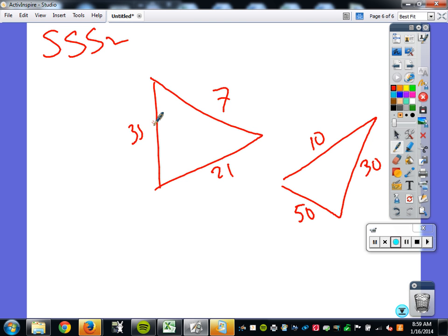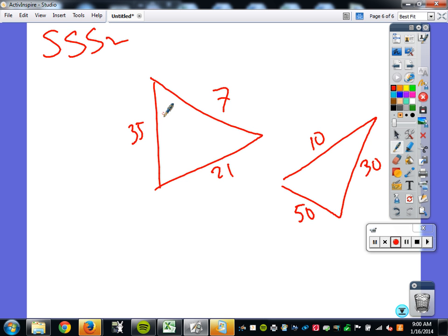Are any of these angles corresponding? Or do I know if they're equal? I don't know if they're equal, do I? But what do I have? I have every side, don't I? So if I can prove that these sides are proportional, then I know all the angles have to be the same or they wouldn't have been proportional, right? Does that make sense?